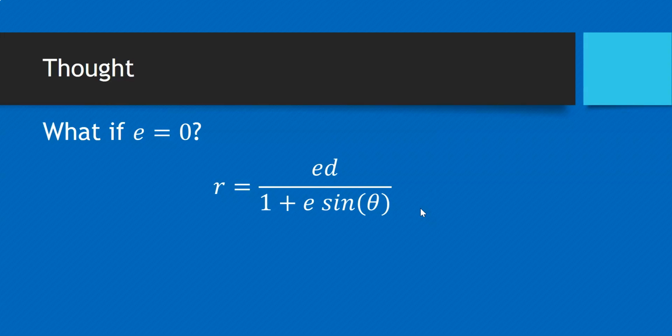So when e equals 0, we don't mess around. You're never going to see a circle written in this format. In fact, we already know the format for a circle. Just do r equals a number, and that gives you a circle of radius whatever that number is. For instance, if I have r equals 10, I get a circle of radius 10. So there you go. That's how we deal with these equations.